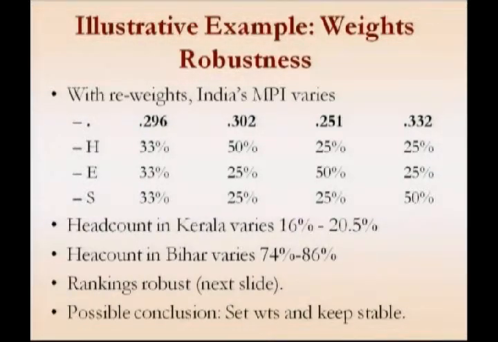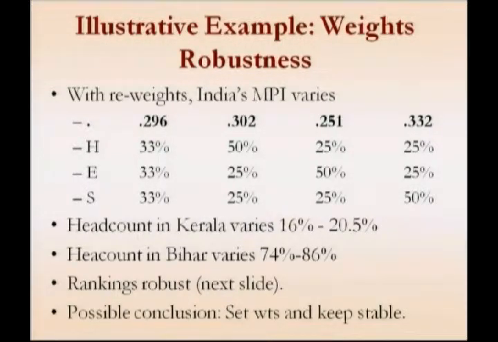When we weight education more with 50%, we get a smaller MPI, and when we weight living standard more, we get the highest MPI. And there is a range of variation in the headcount too. For example, Kerala's headcount varies from 16% to 20.5%. The headcount in Bihar also varies from 74 to 86.